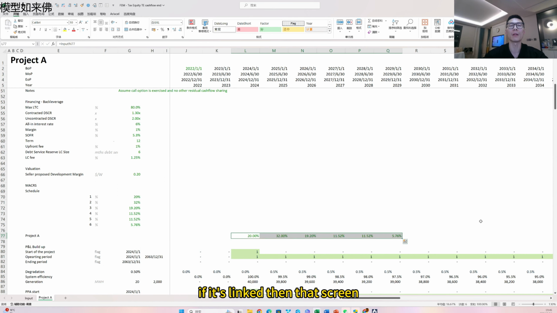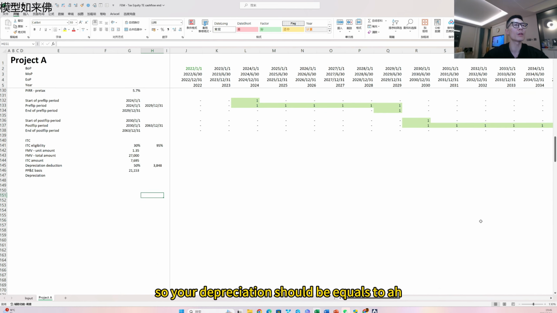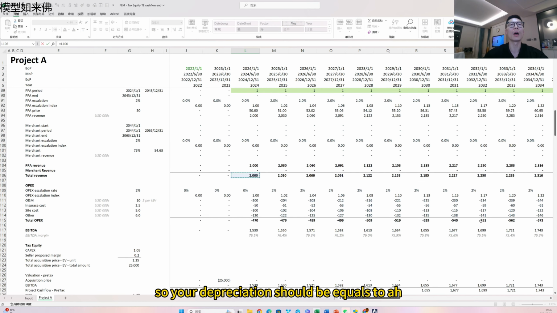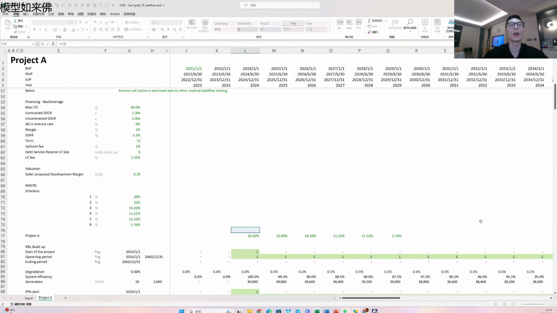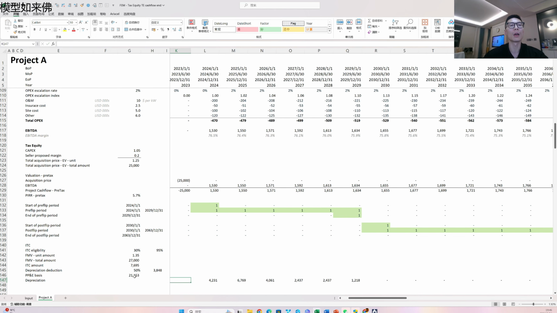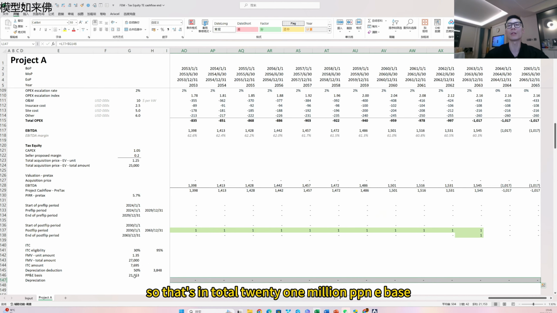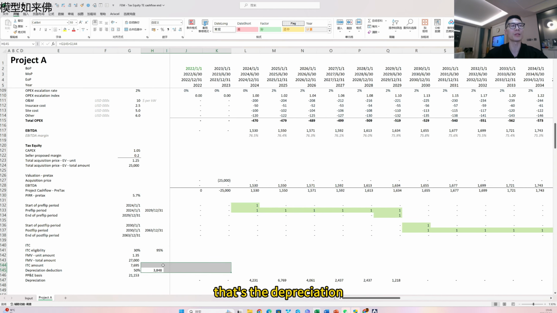If it's linked, then that's great. So your depreciation shall be equal to this figure times the base, so that's in total 21 million PP&E base. That's the depreciation.